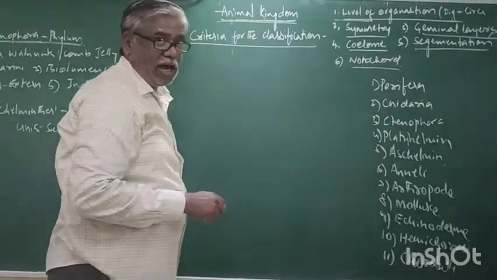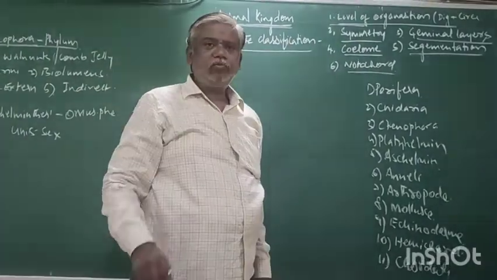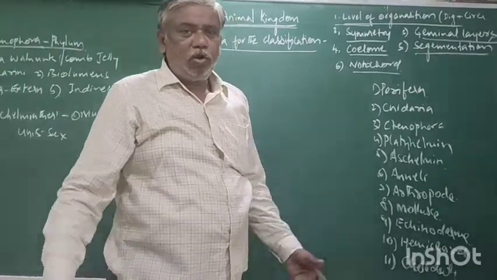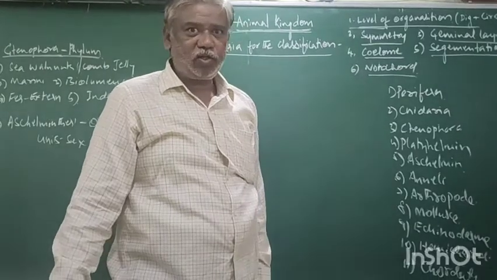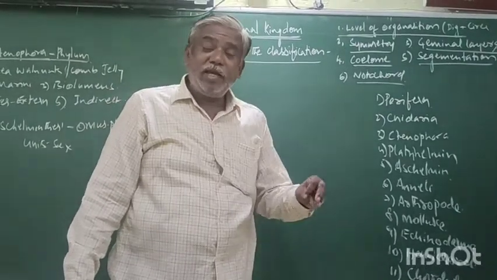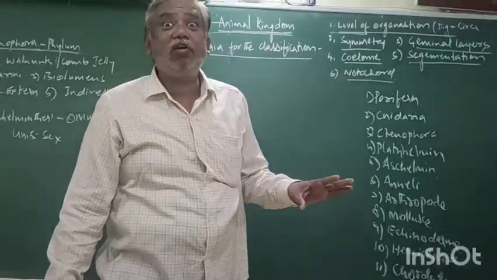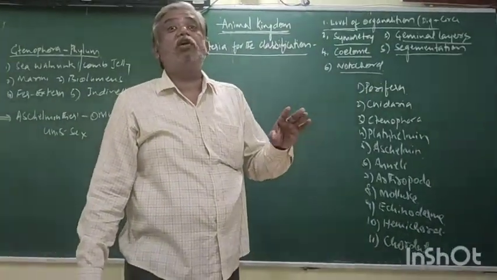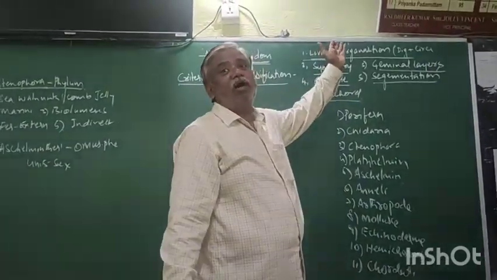Level of organization. You know, metabolic activities take place in every organism. These metabolic activities undergo division of labor. Based on division of labor, we can say level of organization.